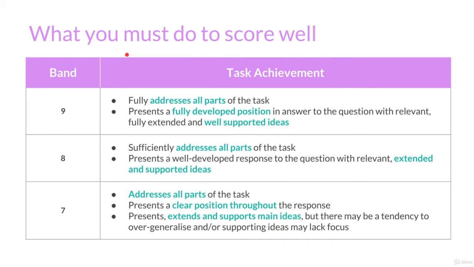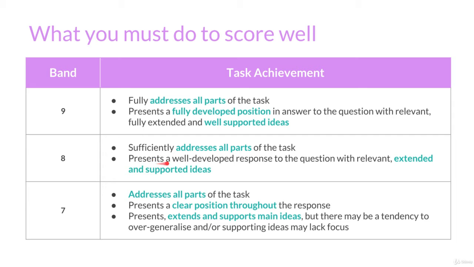So first, we're going to take a look at what you need to do to score well on the task achievement category. So to get a high score on the task achievement category, firstly, you need to address all the different parts of the essay. This means that you should provide all the information that the question is asking you for.